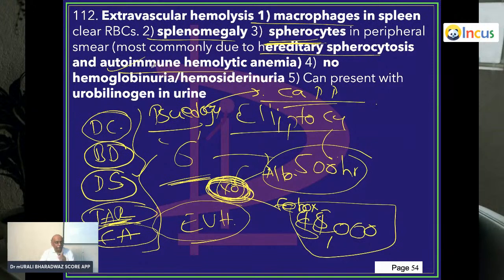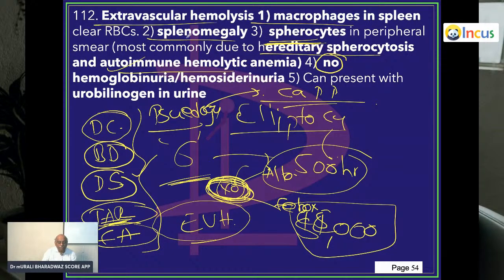So, now, what is the difference between extravascular and intravascular hemolysis? Favorite question of the examiner. No hemoglobinuria, no hemosiderin. Hemoglobin and hemosiderin enter into the urine after the breakdown of the RBC only if it is intravascular, not extravascular, is what you need to remember.